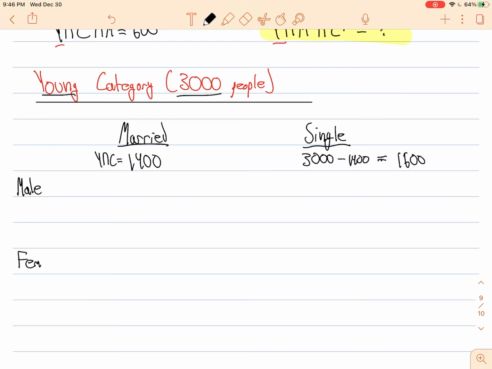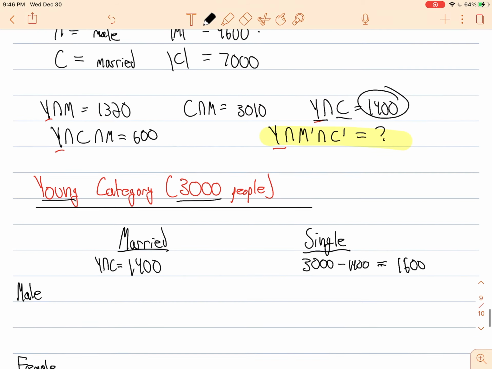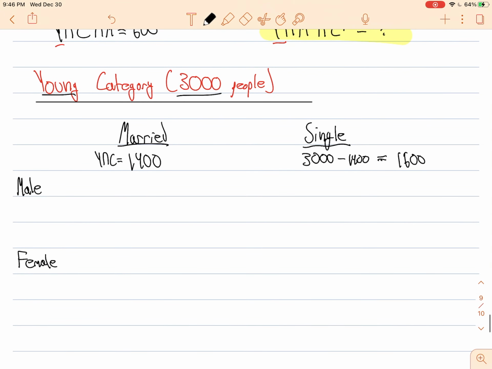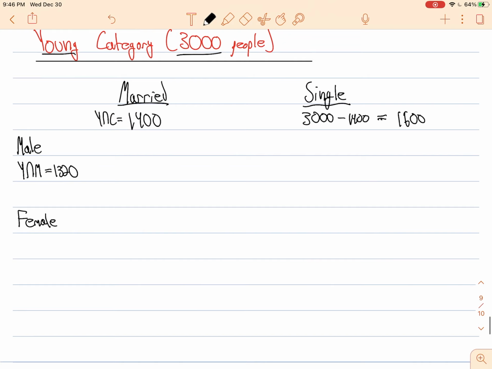And then the complement of that is female. So how many young males do we have? That was this 1320 that I almost stole for the wrong variable. So Y intersect M equals 1320. And then the female thing, you do the same thing. 3,000 minus 1320, that's 1,680. Am I right? Yeah, I'm right.